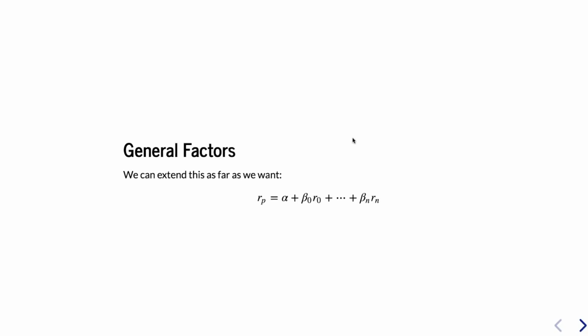And we can extend this to as many individual factors as we want, to as many separate return streams that we want. In this laid out multiple linear regression, we can have R0 is the market, R1 is small minus big, R2 is high minus low, but then we can add in sentiment, we can add individual sectors, we can add in whatever individual return streams that we want that we might be concerned about.